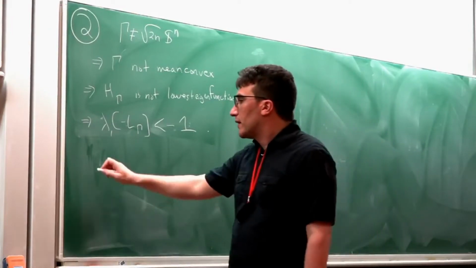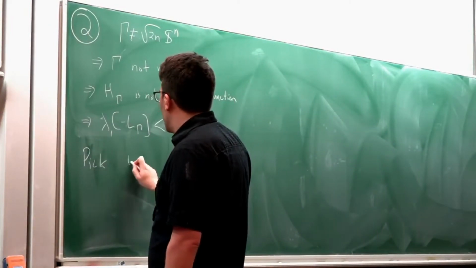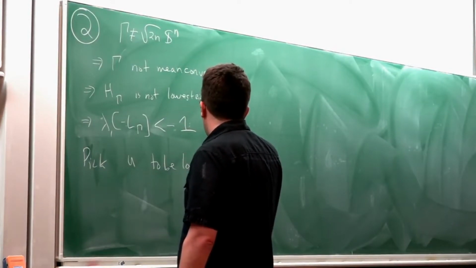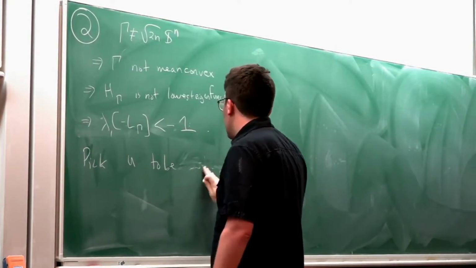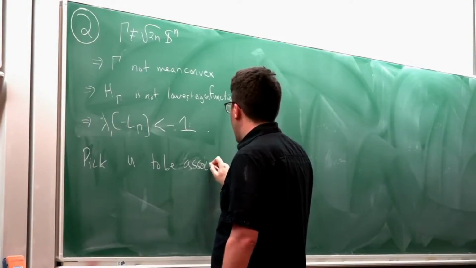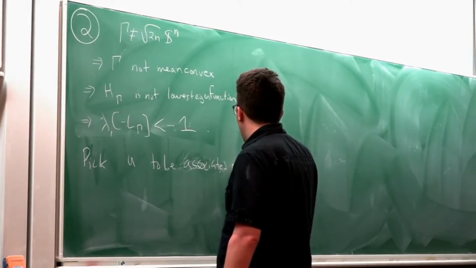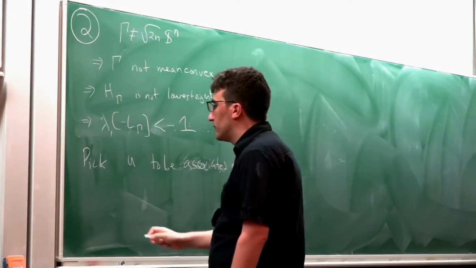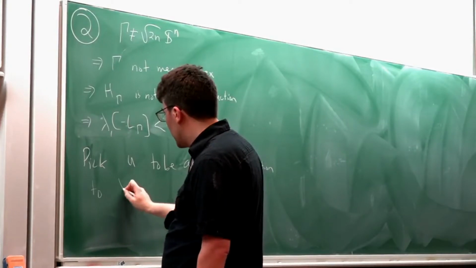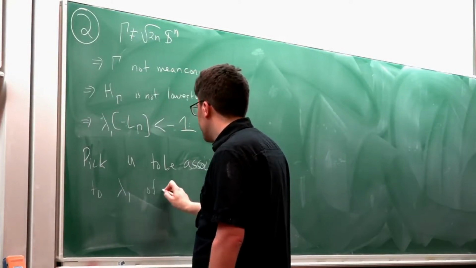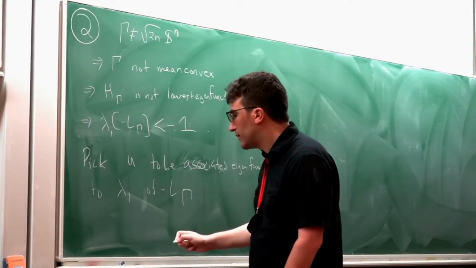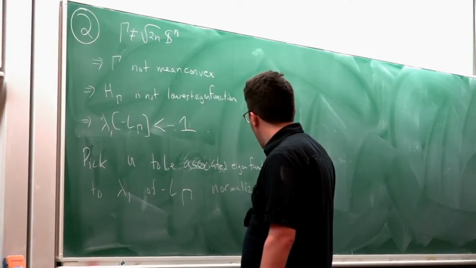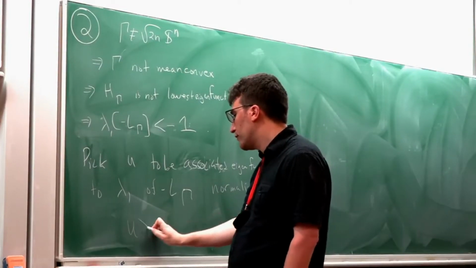Okay, so now if we pick u to be the lowest eigenfunction, the associated eigenfunction to lambda 1, we can normalize, so let's say u is positive.